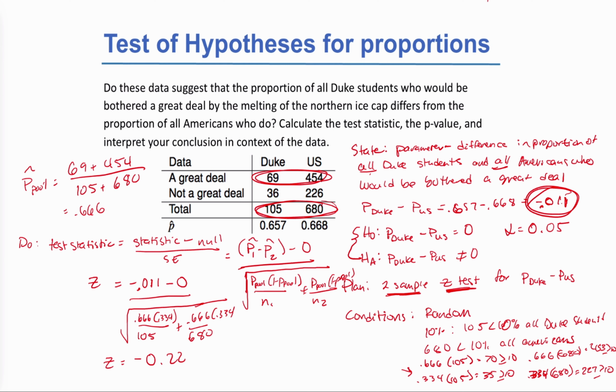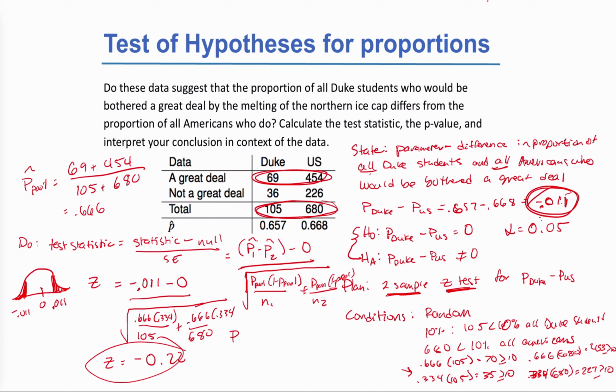And so if you draw your sketch of the curve, which you should always sketch the picture, you're going to get 0 in the middle. The difference is 0. We got negative 0.011, which is down here. But because it's a two-tailed test, we also have to check the positive 0.011. So that's your z.